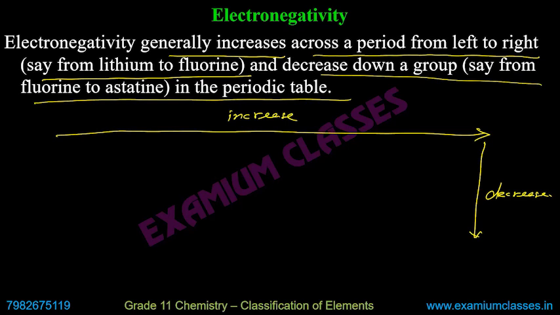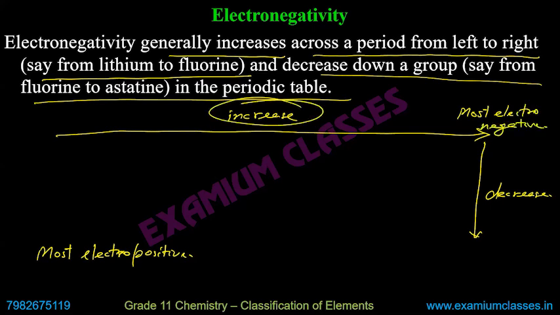Means you will have the most electropositive element here and the most electronegative element here, with the trend increasing towards the right and decreasing towards the bottom.